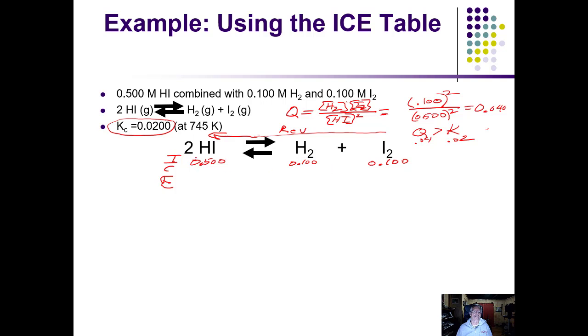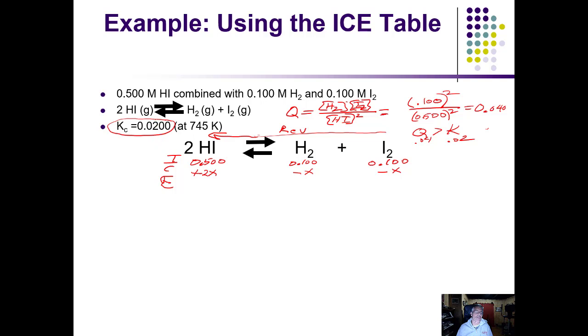All right, so that's going to affect the change. Since it's going in this direction, you're going to have a positive 2x for your reactants. You're going to have a negative x for both of your products because the reaction is running in reverse. And to answer your question, no, we don't flip the reaction around. If I flip the reaction around, then I'm making work for myself.